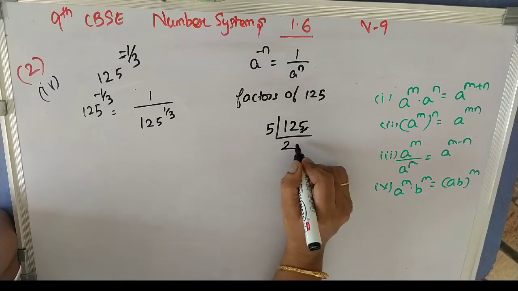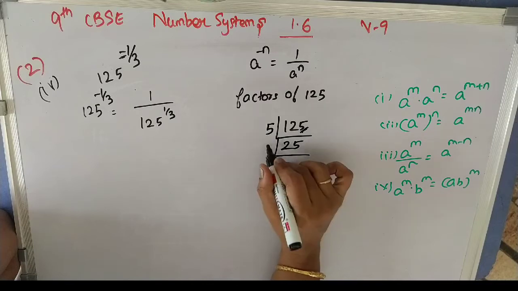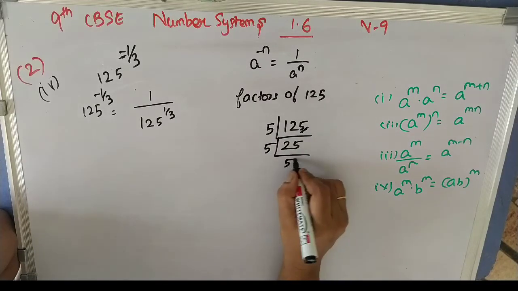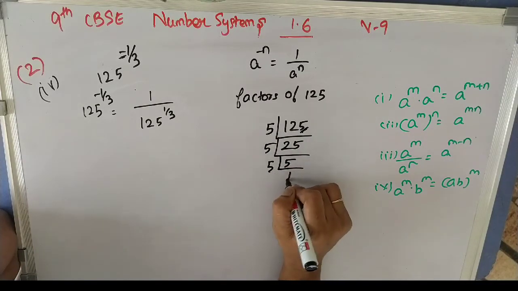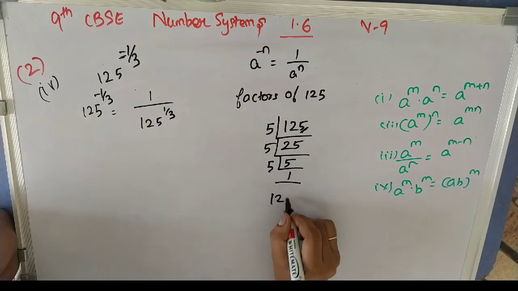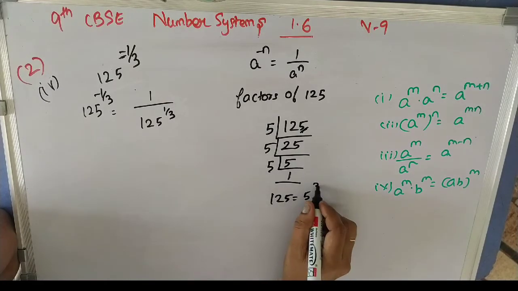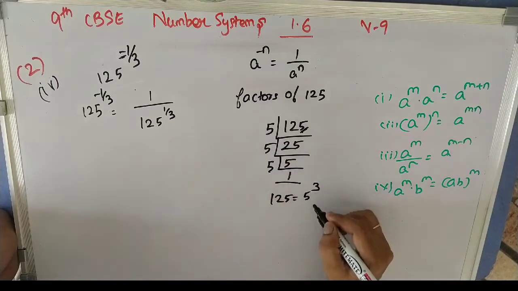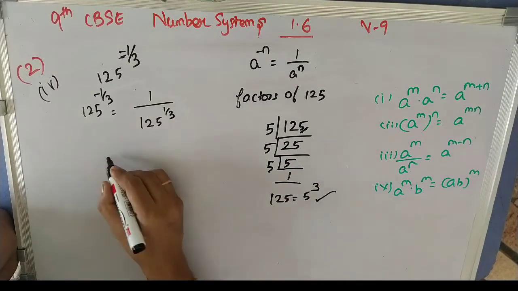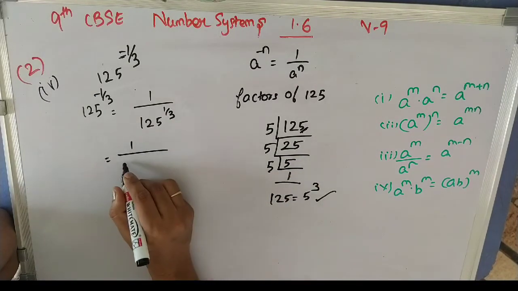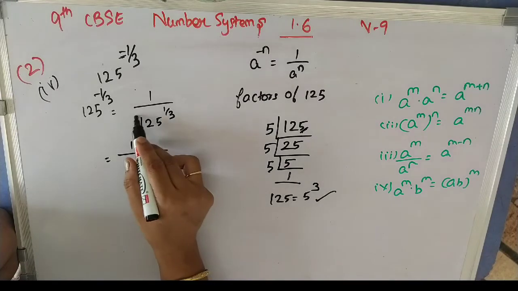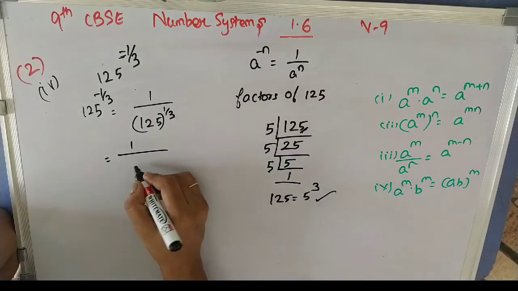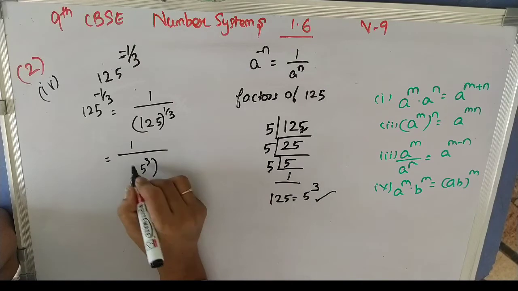So 125 divided by 5 we get 25. 25 by 5 we get 5. 5 divided by 5 we get 1. So I can write 125 as 5 cube. Okay. I am going to replace 125 with 5 cube in the question. So 1 by 125 power 1 by 3 is equal to 1 by 5 cube power 1 by 3.